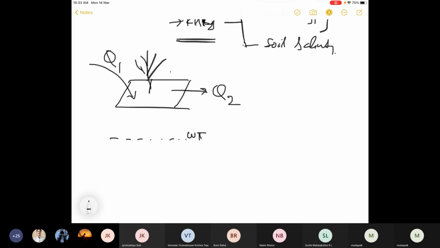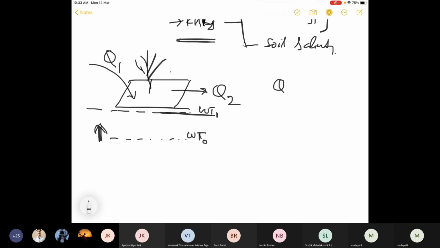Since you're adding water, the water table could rise up, right? Maybe let's say it stays here. This is the WT again, the new WT. Let's say this is 0 and this is 1, so this is initial and this is final, right? So it's coming and going.